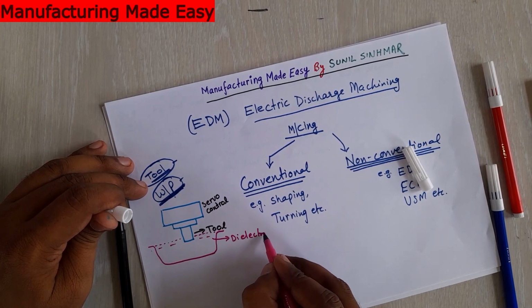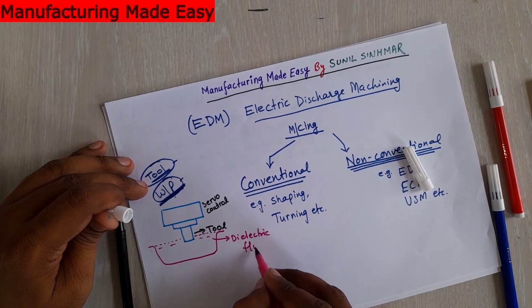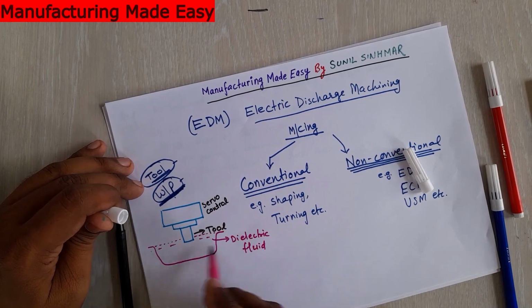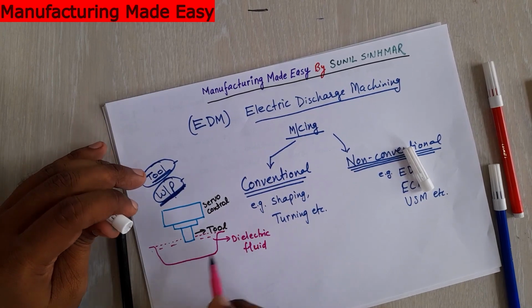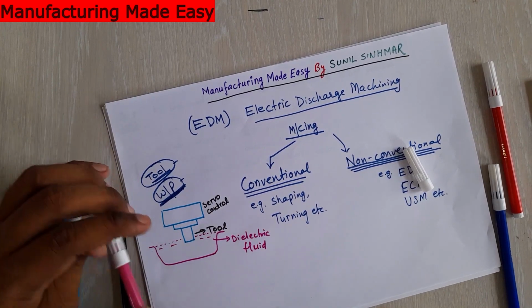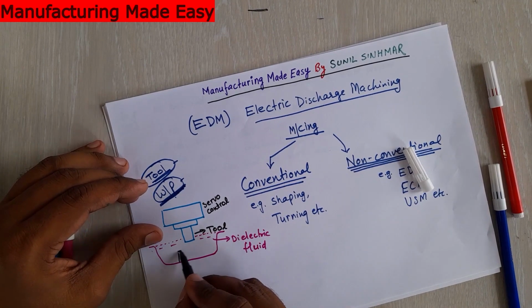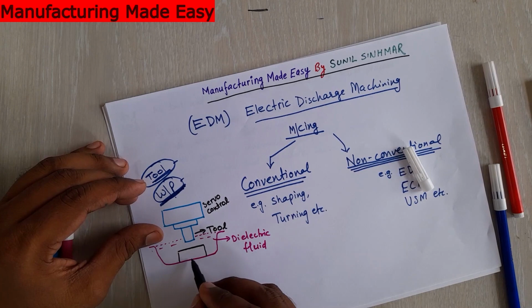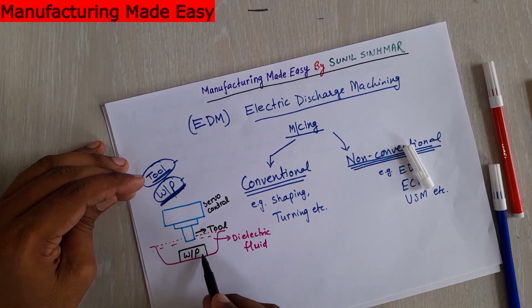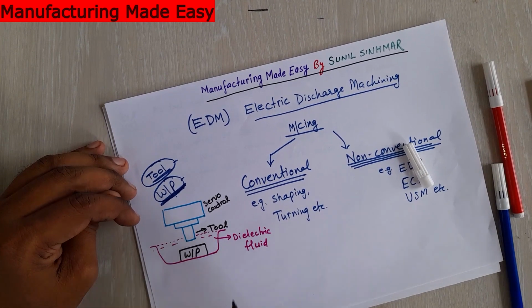This is very important: dielectric fluid is used in electric discharge machining. And here is our workpiece or metal piece, on which we have to perform the machining process. This is the workpiece and the upper one is the tool.